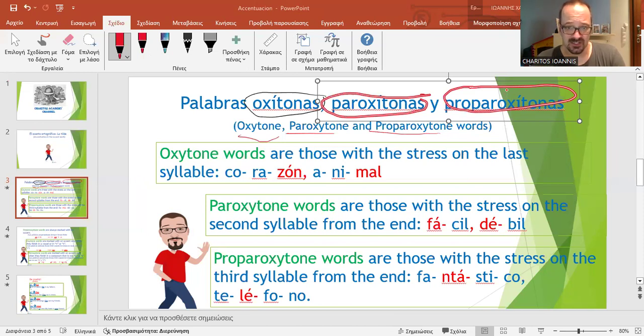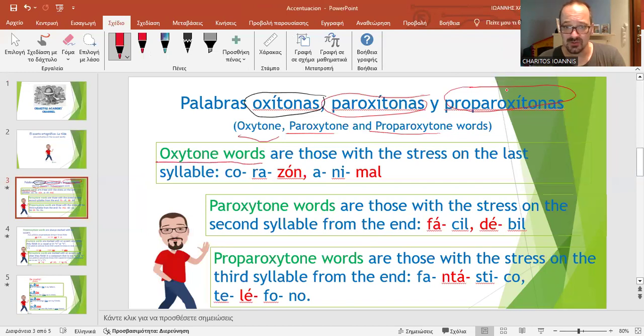So the oxytone words are those with the stress on the last syllable. For example, here we have the word corazón, right? We see that there are three syllables, corazón, but phonetically, the sound falls on the last syllable, corazón.